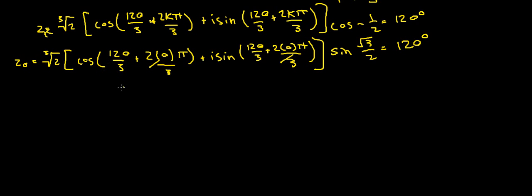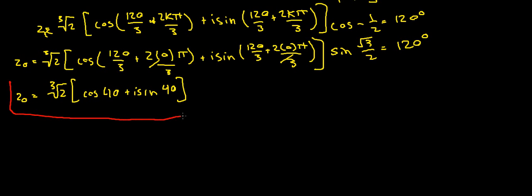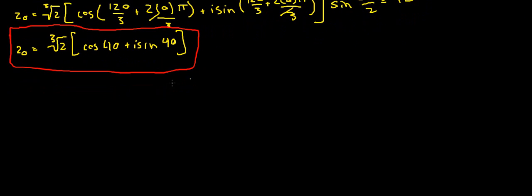And 120 divided by 3 is 40, so this is a pretty straightforward one. So here is the first root of my complex number. So like I said, I just continue. I go to k is equal to 1 now.